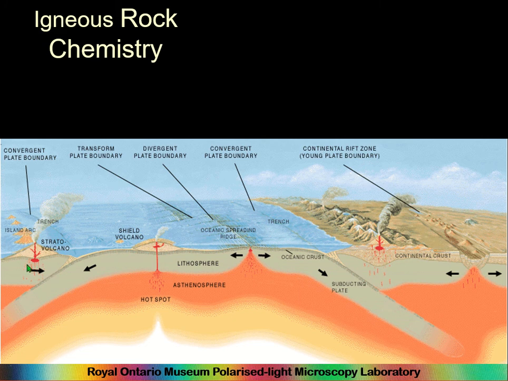So here is a section through the lithosphere, the crust of the Earth, showing the various relationships between plates in the plate tectonic sphere. If you don't know anything about plate tectonics, you should have gone to the prerequisite course of this course.